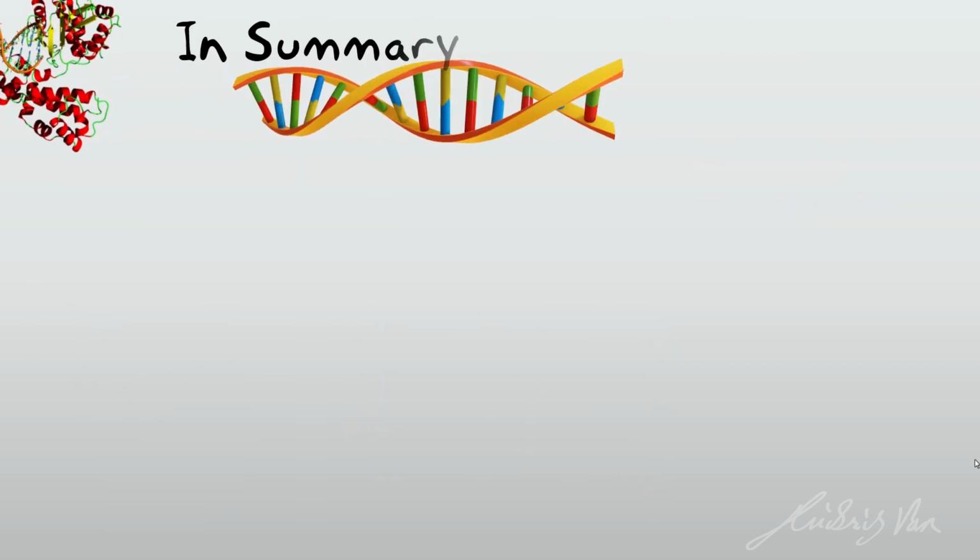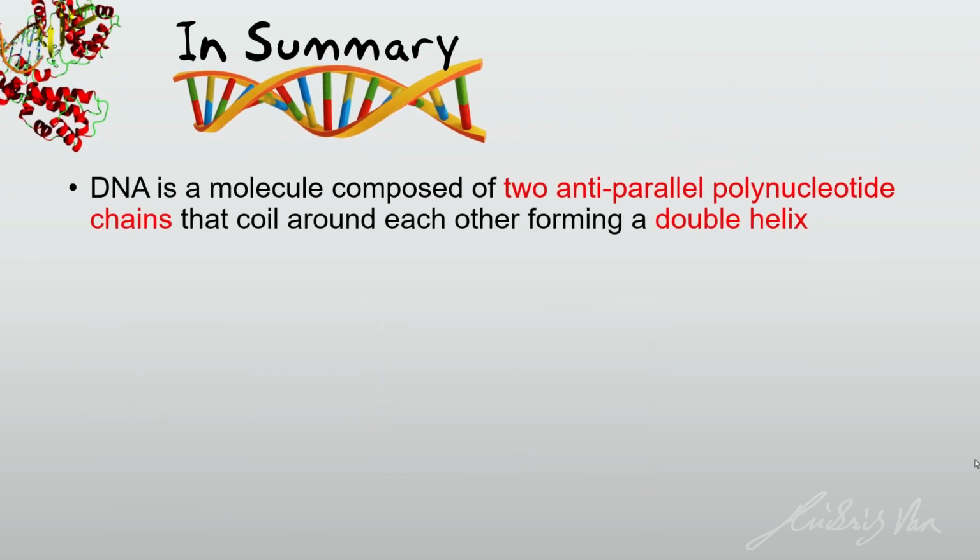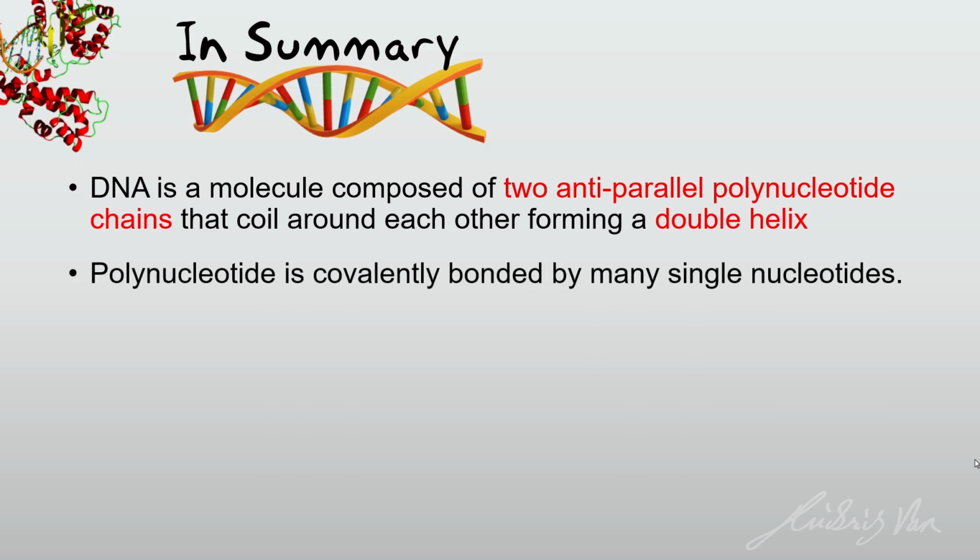So to summarize the structure of DNA in words, DNA is a molecule composed of two anti-parallel polynucleotide chains that coil around each other, forming a double helix. Those polynucleotides are covalently bonded by many single nucleotides. Now, I must emphasize the words that are in red.